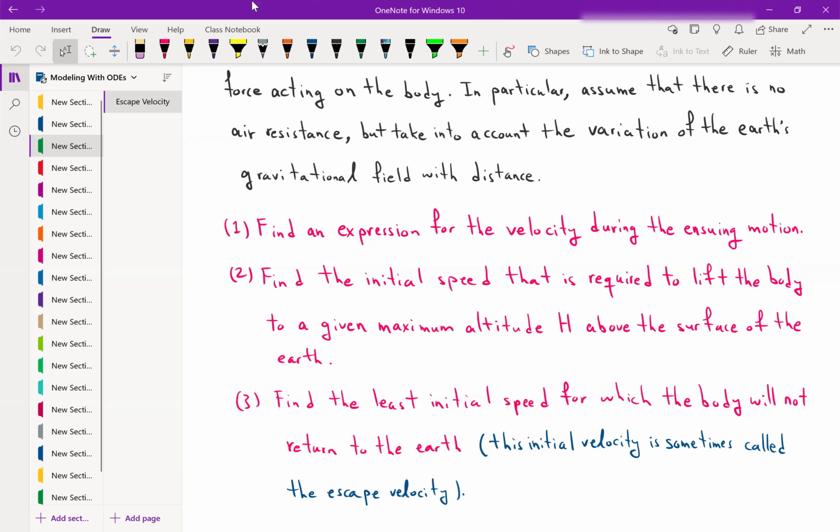Okay. So let me make some general comments, and we will solve this problem together. If you want, you can pause now, think about it, and then come back and watch the rest of the video. So the first thing is that, as is clear from the statement of the problem, the question is about the motion of a body of mass m. So immediately, Newton's second law of motion comes to mind. I know that I have to apply Newton's second law of motion.